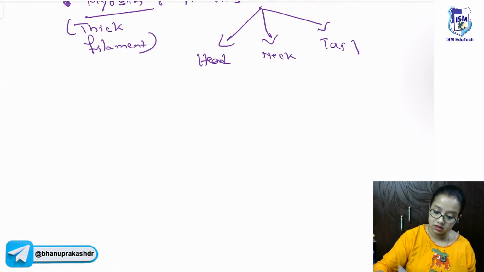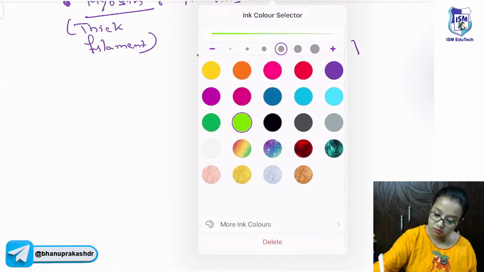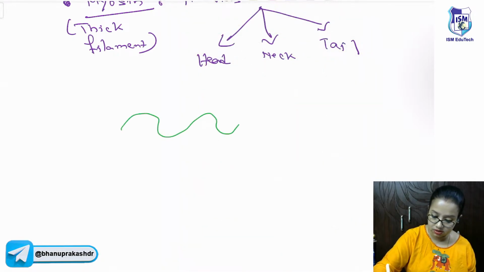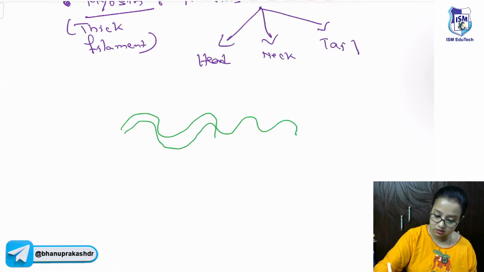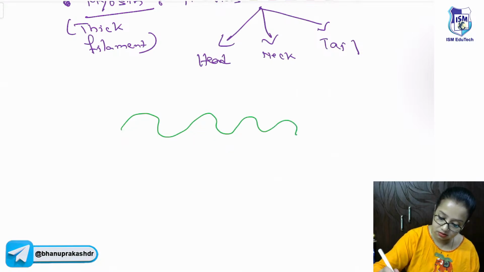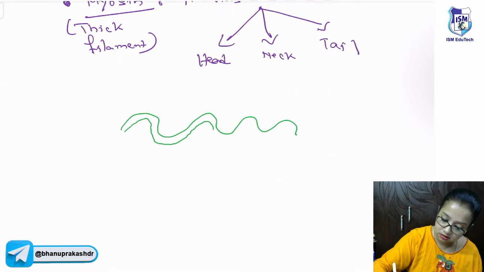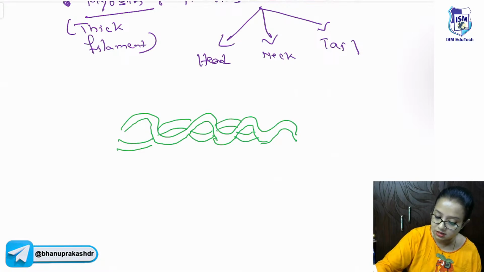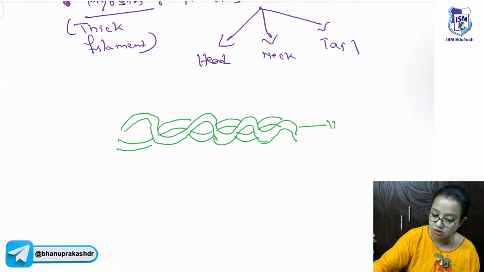So, what is the structure of a myosin? A typical structure of a myosin is something like this. It is a double helical structure. This helical structure, these are called the heavy chains.